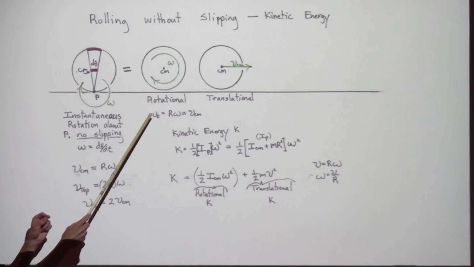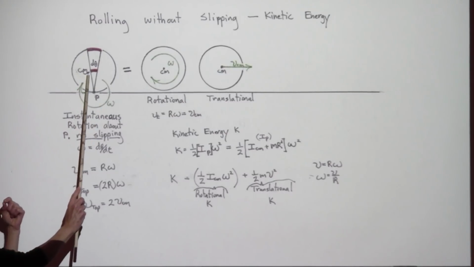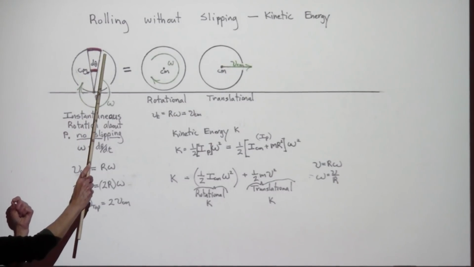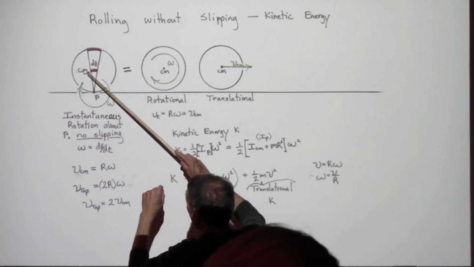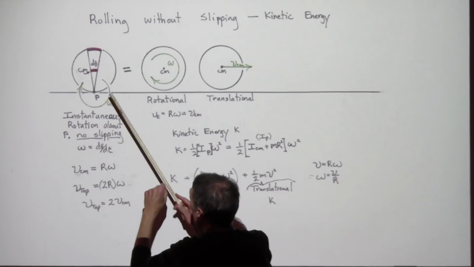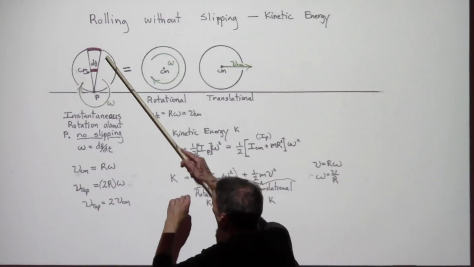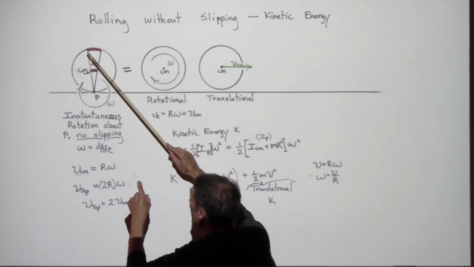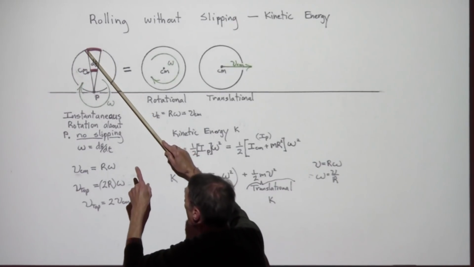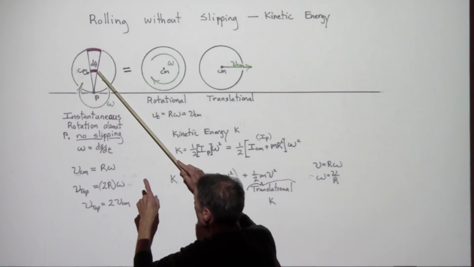But at this particular instant, it's going to sweep through some angle. And different parts of the wheel are going to sweep through different angles. We're going to primarily be looking at the center of mass. Out here on the edge of this thing, as this rolls, it's going to move through a greater distance than this arc on the center of mass.